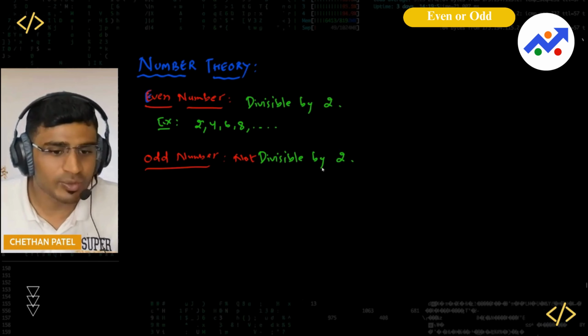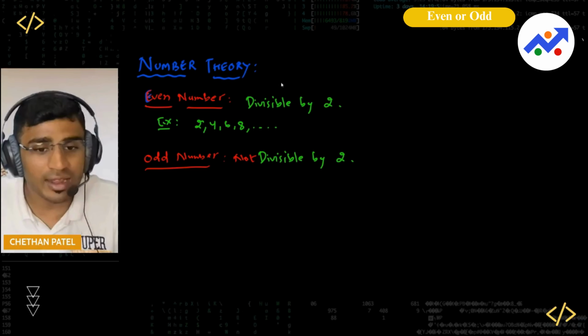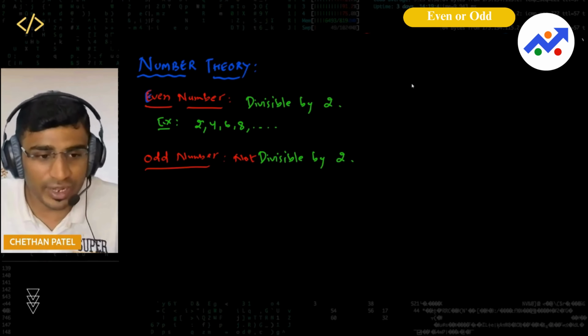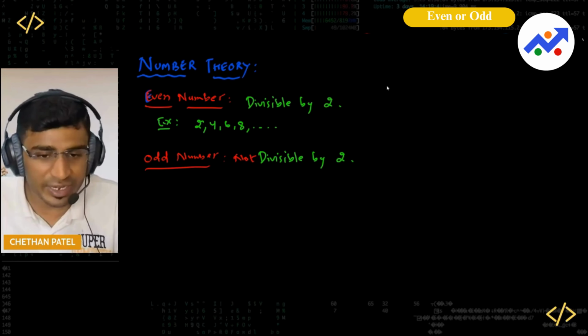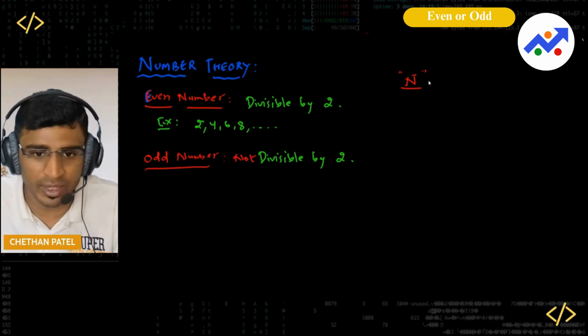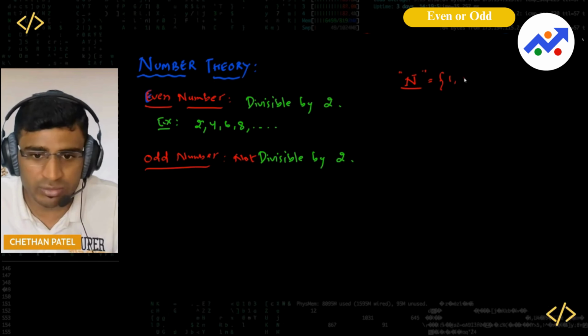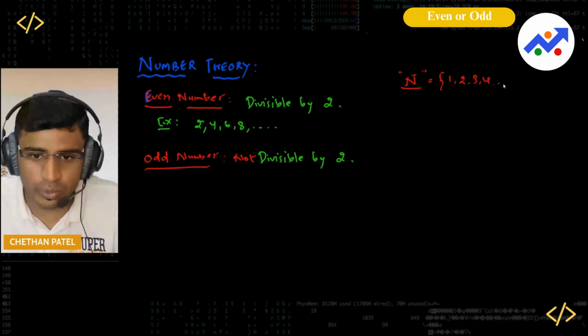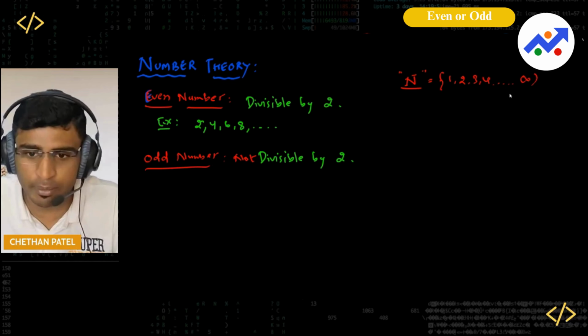Even numbers deal with natural numbers, which are usually represented by N. The natural numbers are the set 1, 2, 3, 4 up to positive infinity.